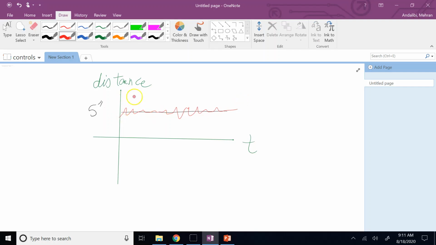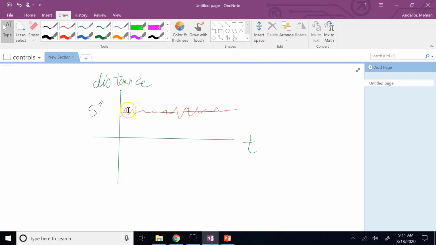Okay, so it varies. If you record those numbers versus time, you see sometimes it shows 5.1, 4.9, 4.8, 5.25, and so on. So this is the inherent noise that exists in many, almost I would say all of the sensors, and it is typically inherent. And typically, the cheaper the sensor, the worse the noise is.